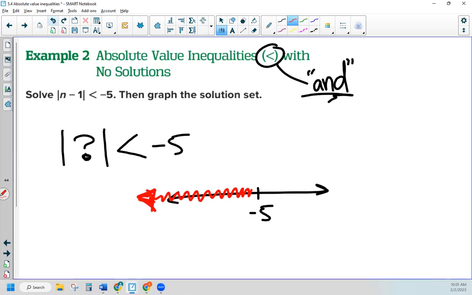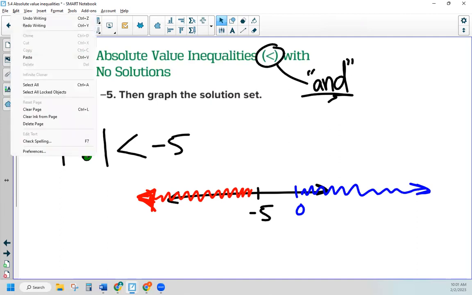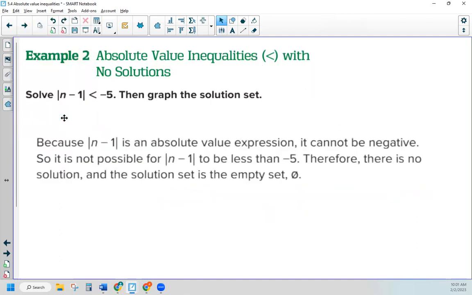Anywhere? And the answer is no, because any number you put into this question mark will give you a positive number. So let's say that 0 is here. Any number that you put in that question mark will give you an answer that is located in the blue region. So for that reason, we have no solution for this inequality type.